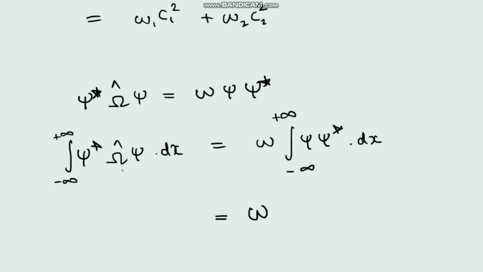So in this case you will get only one value of omega, and that will be the value of omega that you will always obtain in every experiment. But it is not so in the above case.